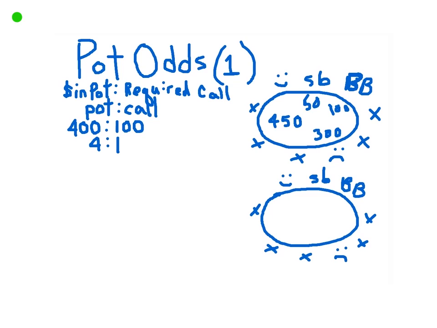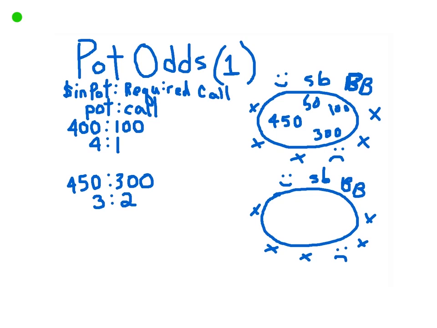Well, remember it's pot to the call we have to make, so 450 as a ratio to our 300 chip call. Simplify that by dividing both sides by 150, and you get 3 to 2. So the pot is laying us odds of 3 to 2, or my pot odds are 3 to 2.